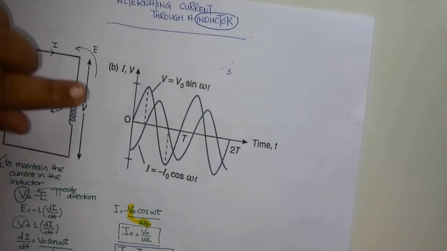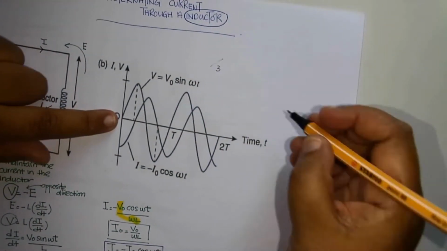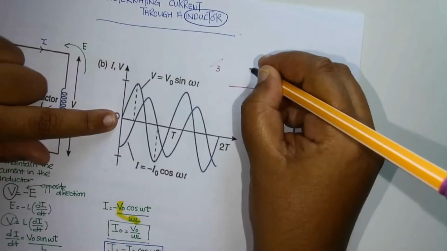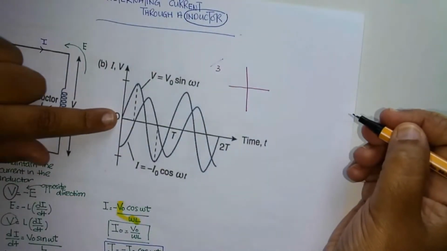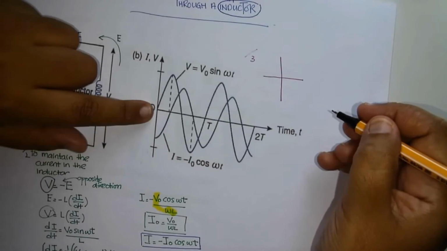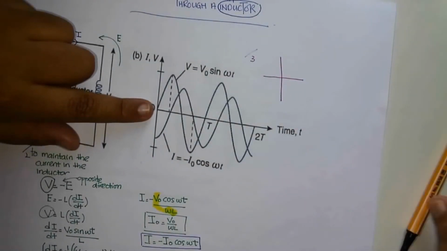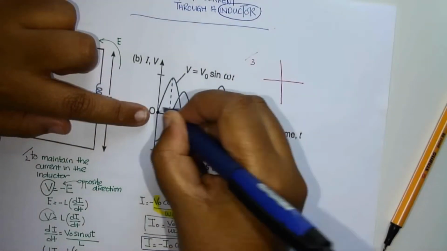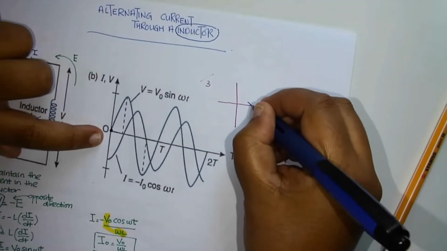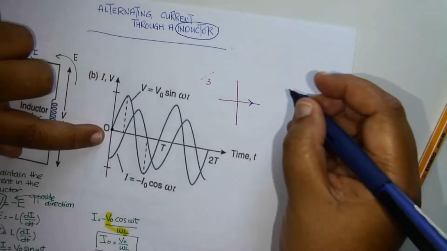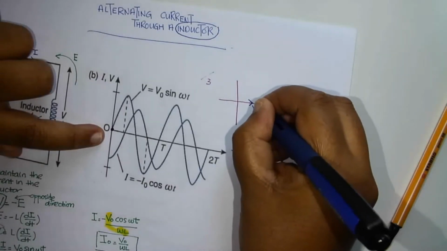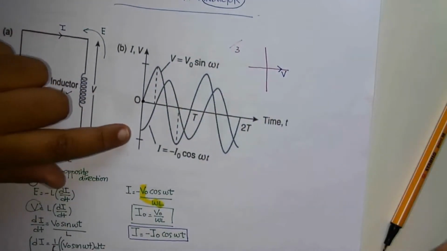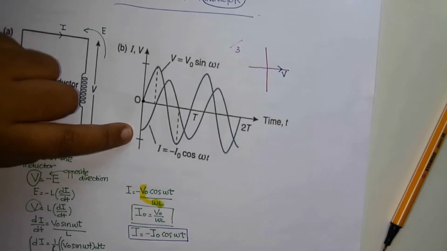Okay, so if we look at the graph, I want to draw a phasor diagram. So this one is V naught sine omega t. So the line will be here because it's a sine. The initial is here. So the phasor will be in this direction, which is V. And then here is the current.